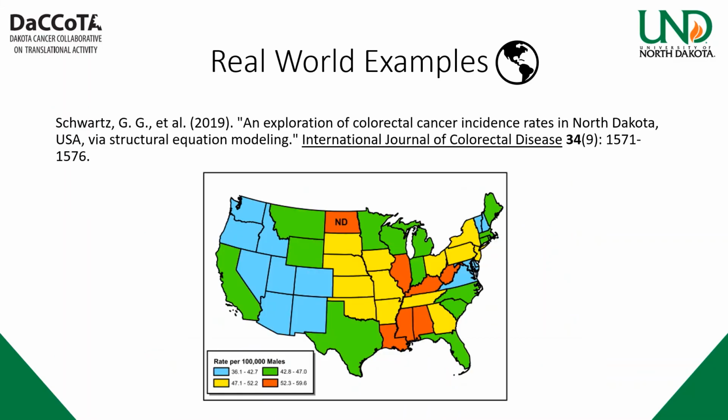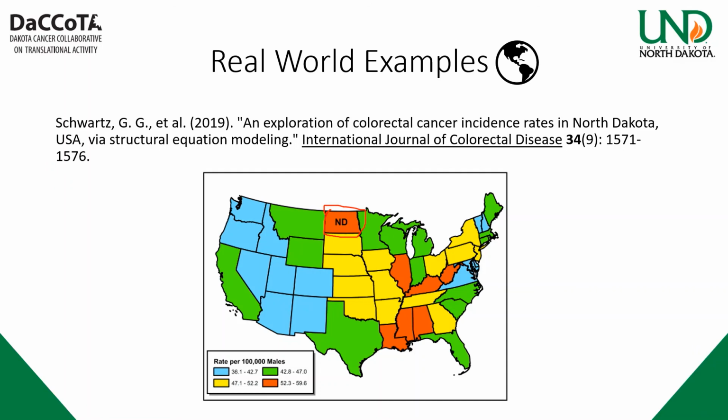And finally, here's a map from a cancer paper, and this isn't so much exploration as setting the scene, where they're looking at North Dakota data but then compare it to the rest of the U.S. just to frame the data that they'll be exploring.